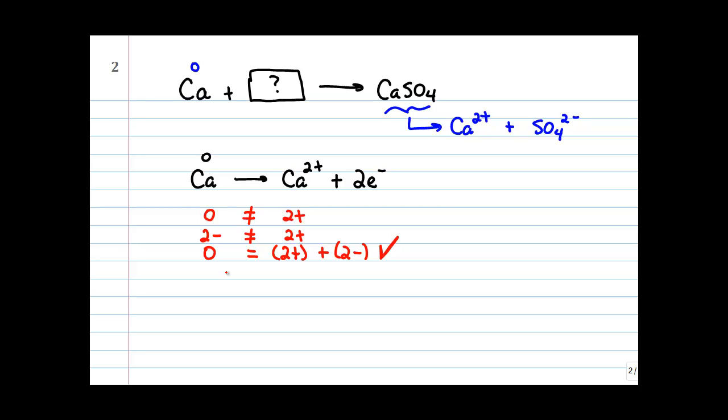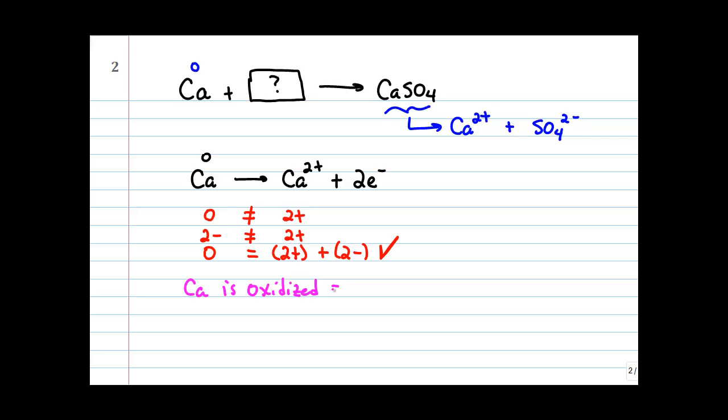So it should be 2+. Therefore, we know calcium has lost 2 electrons here. And so what we would say is that calcium, on the left, the reactant, is oxidized because it has lost 2 electrons.